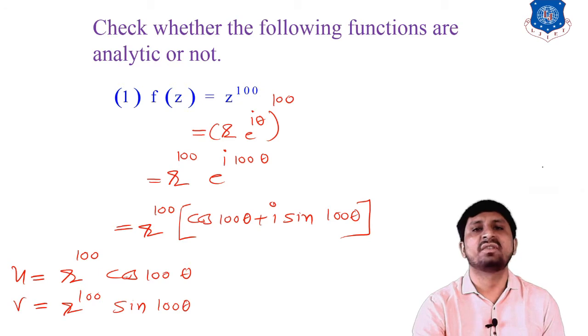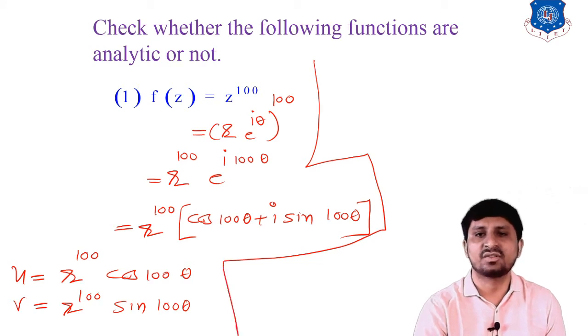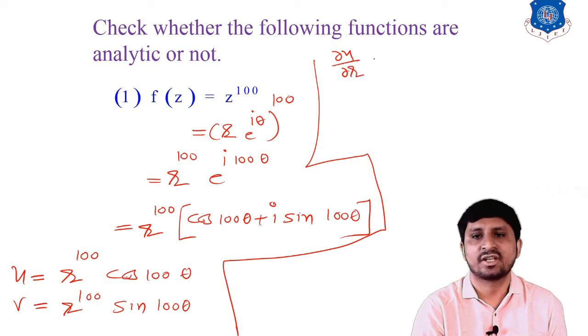Now we find all the partial derivatives. First of all, what is my del u by del r? That is 100 r raised to 99 cos 100 theta. What is del u by del theta?